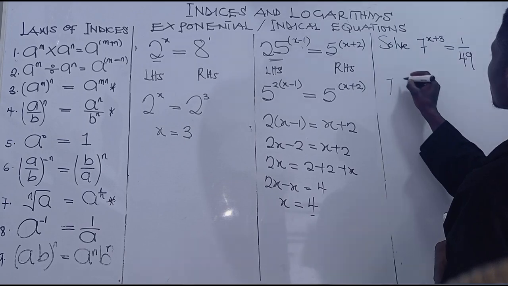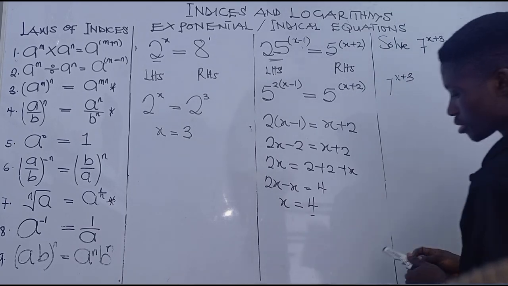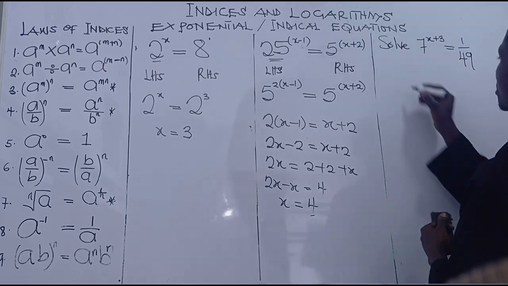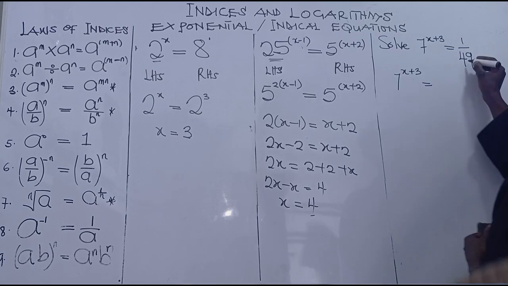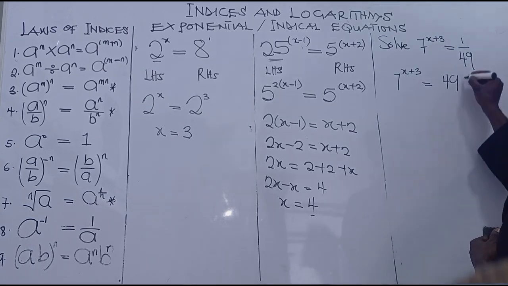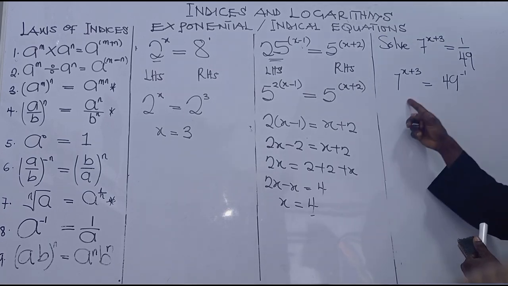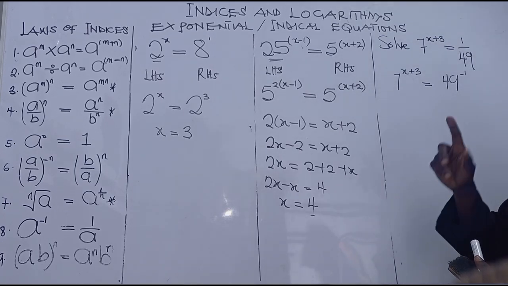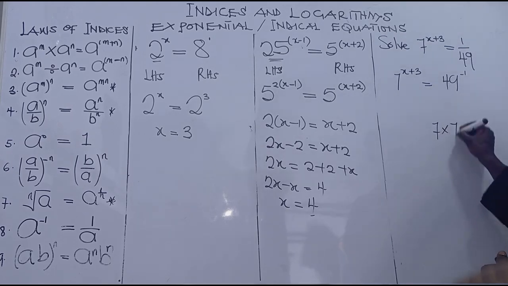So we have 7 to the power x plus 3 is equal to 49 raised to the power negative 1. Now I want the bases to be equal so that we can equate their exponents to find the value for x. So we know that 7 times 7 gives us 49.